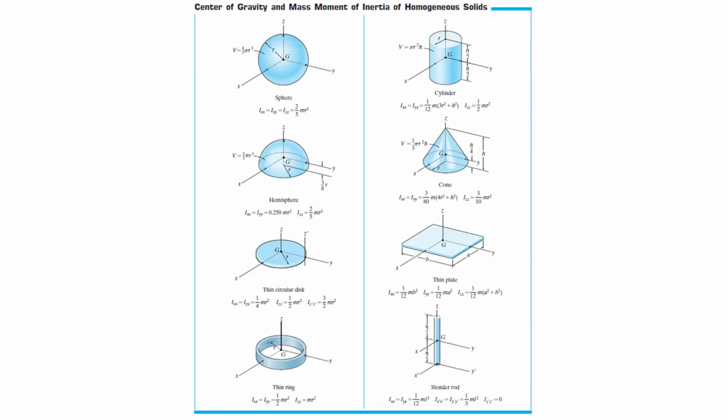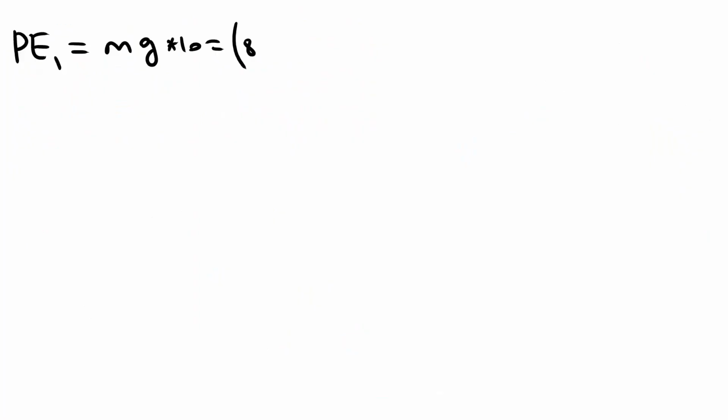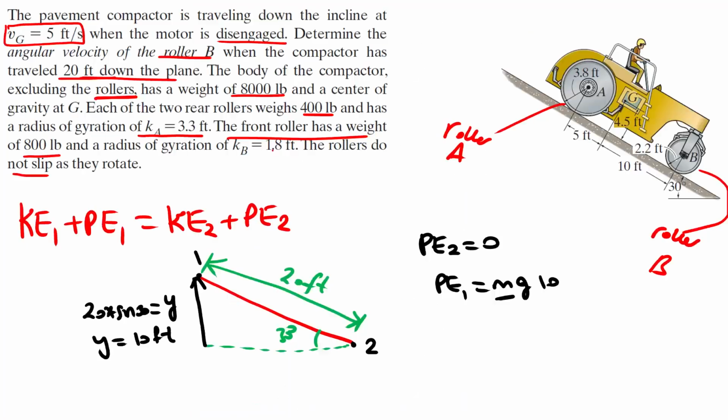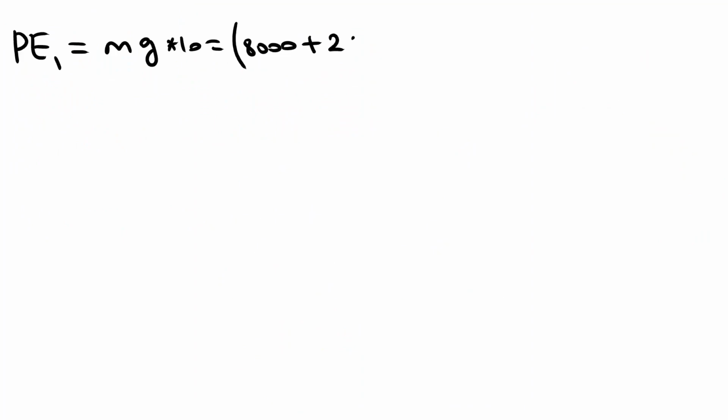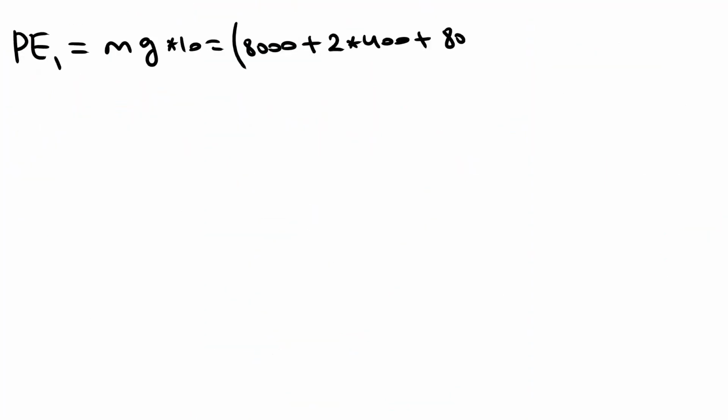The m value: we have the compactor, which is 8,000, plus the 2 rear wheels, each is 400, the total is 800, plus the front roller with a weight of 800, times the 10.